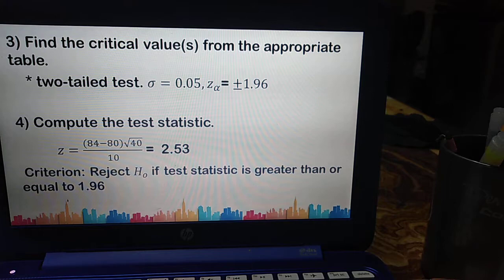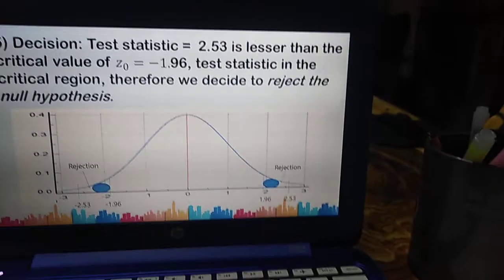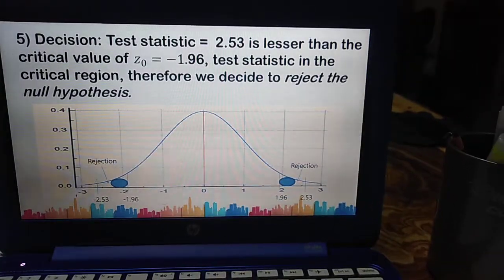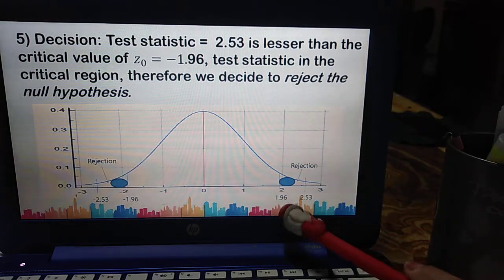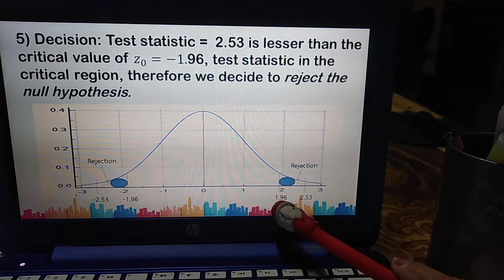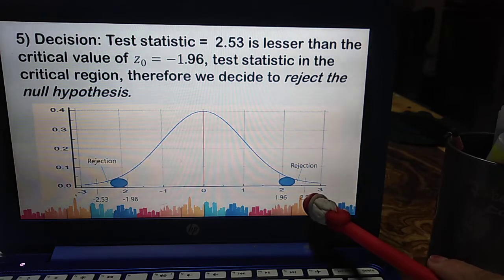And since it fell on the rejection area, that is our 1.96. 1.96 is from the table. 2.53 is from our test statistic, the one we computed earlier.